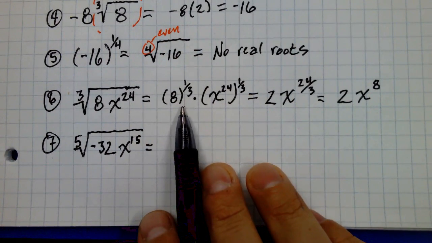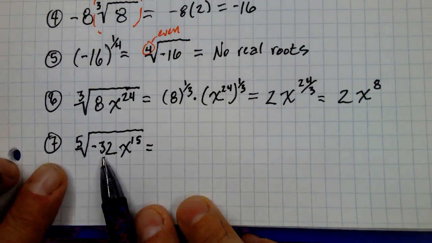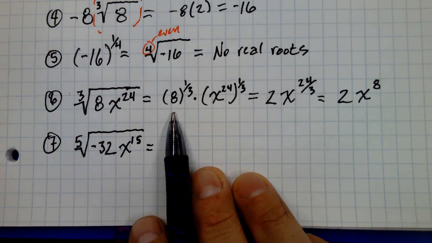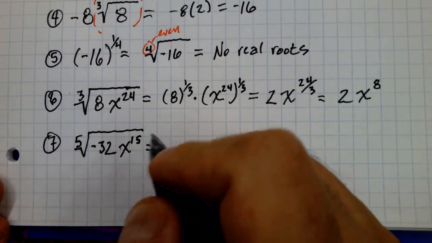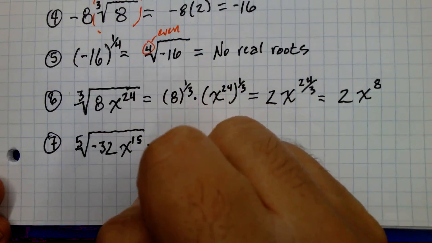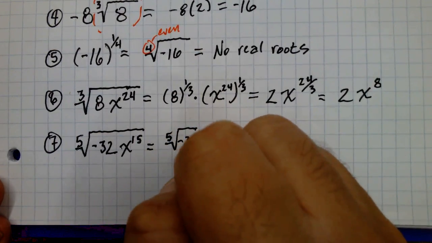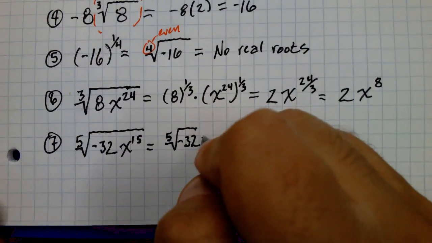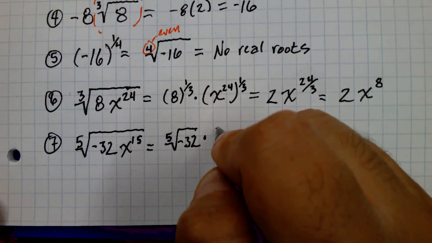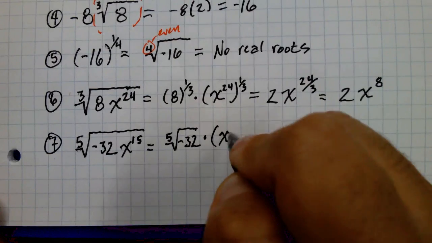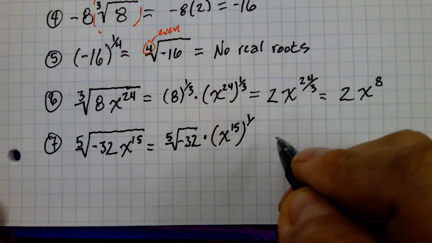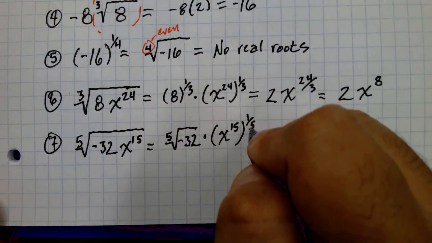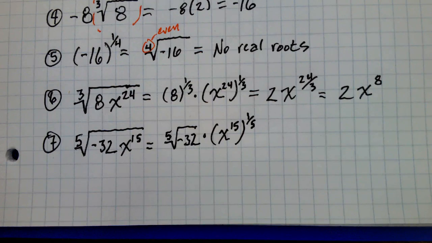If you like, for the number, it really won't matter if you put it into exponent form. So I'm going to show you a different way. If you don't want to write it to the 1/5 power, you can also leave it this way: 5th root of negative 32. You could leave it that way. But the other one you should definitely write as x to the 15th to the 1 over what? 1 over 5. Okay.